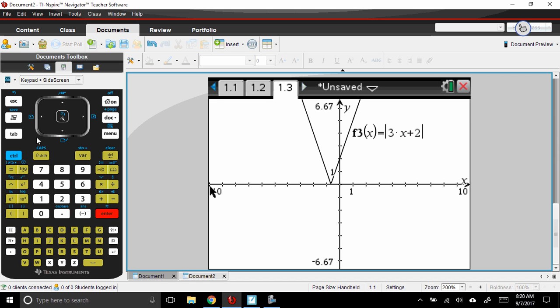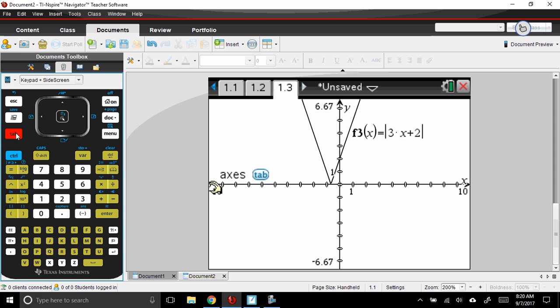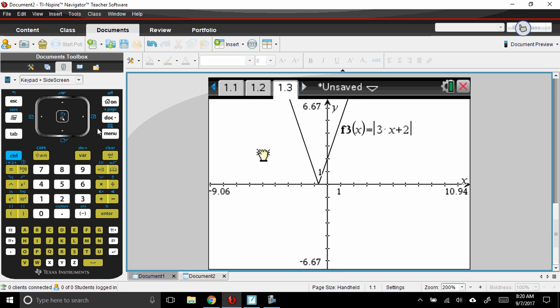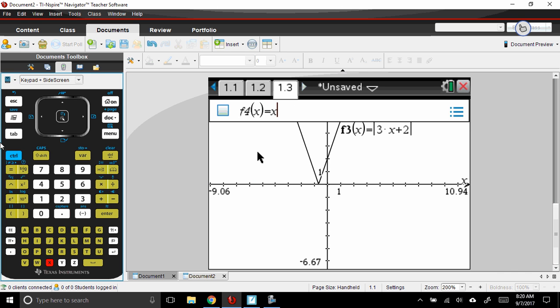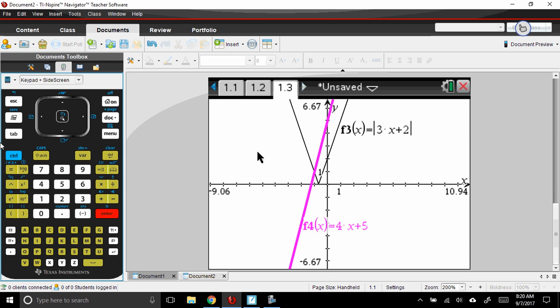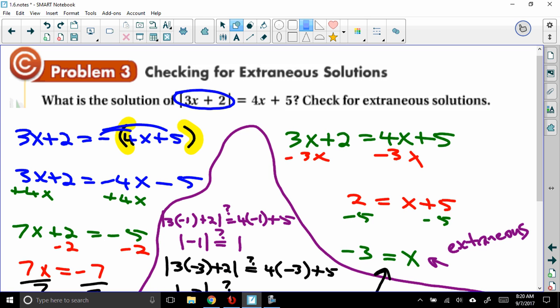And then our other expression was 4x plus 5. There we go. Okay, so it's pretty clear that these things intersect when x is negative 1. Do you think they intersect when x is 3? Doesn't look like they do, does it? Are there any questions up to this point about solving absolute value equations?